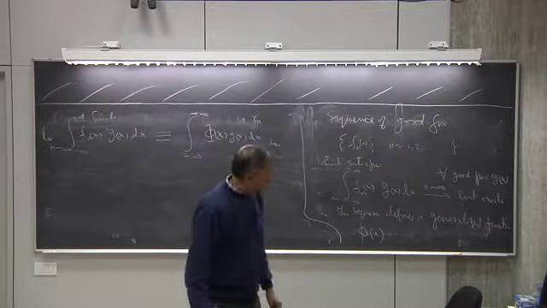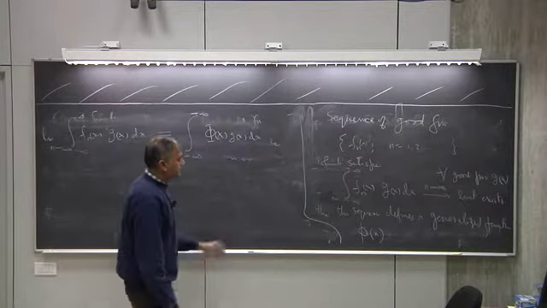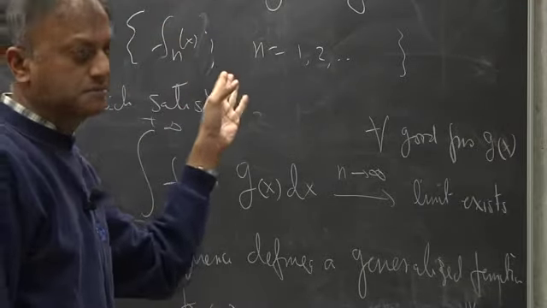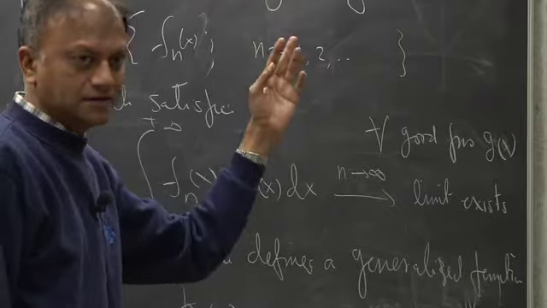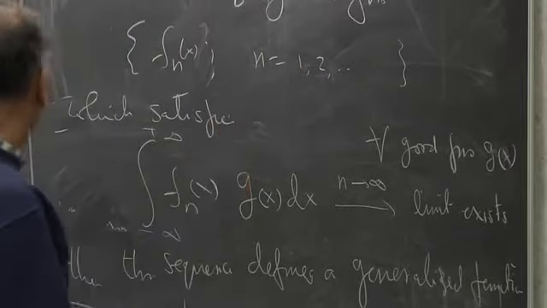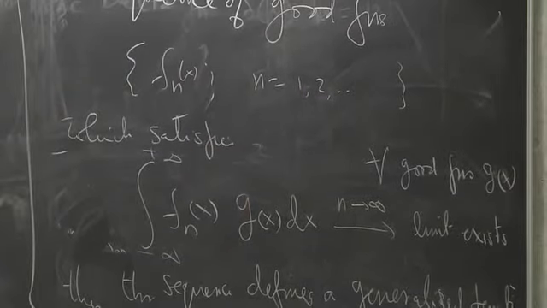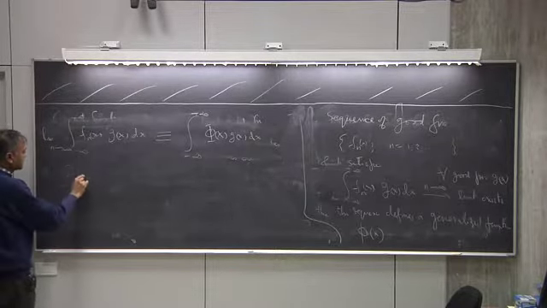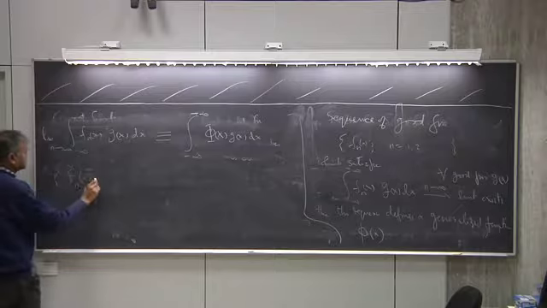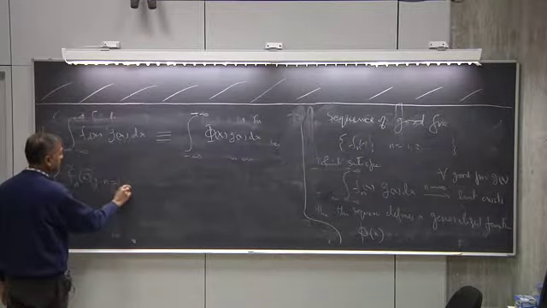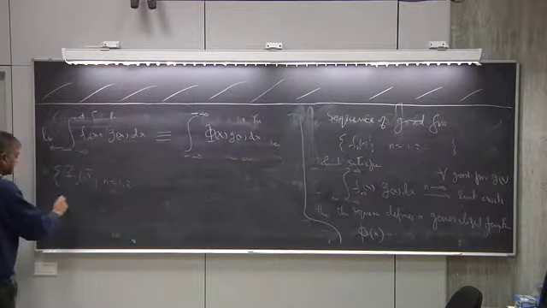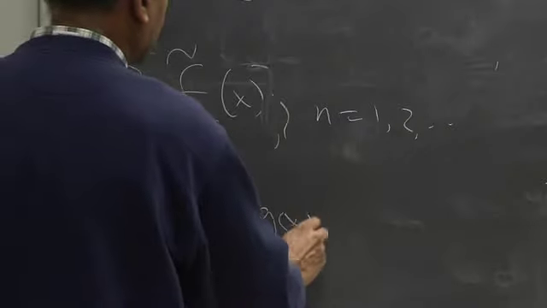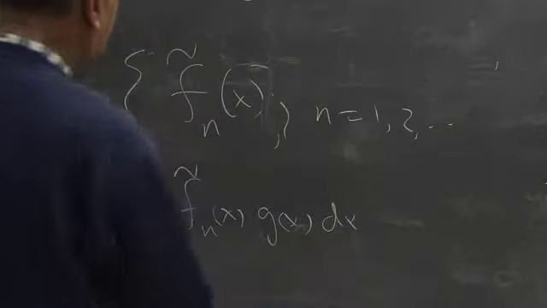Okay. Now it may happen that you have some different sequence of functions, let's say some f tilde n of x, again for n equal to 1, 2, etc. And suppose that this also has a limit, the integral of f tilde n of x g of x dx.